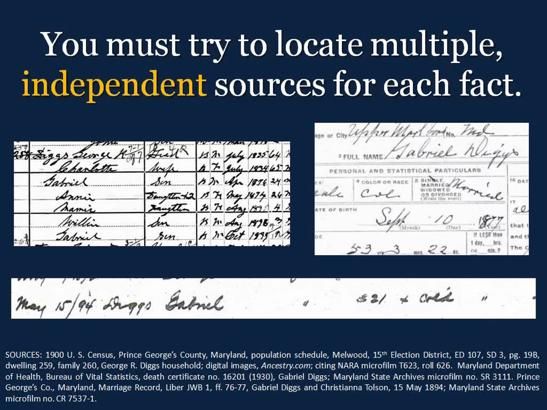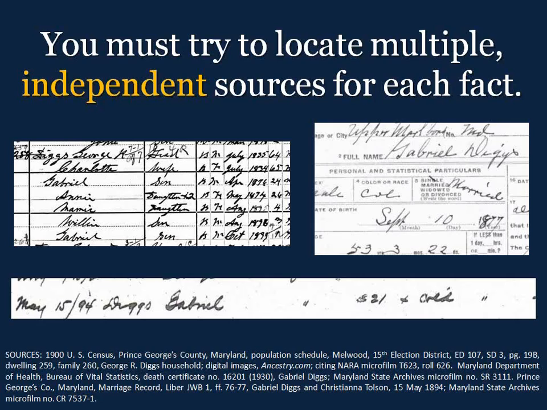So, in this example you can see here on the screen, in the top left corner, you see the 3rd line down, Gabriel Diggs. He was born allegedly April 1876, and this is from the 1900 federal census.